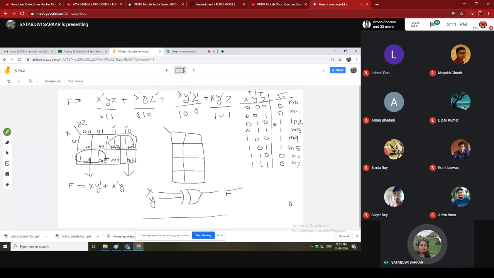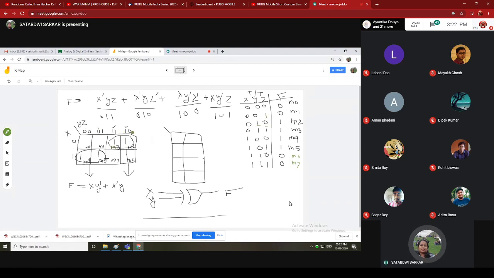See, for M2, the value of XYZ: X is 0, so it is X bar for this row, and Y is 1, and Z is 0.